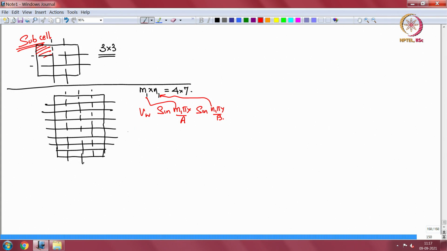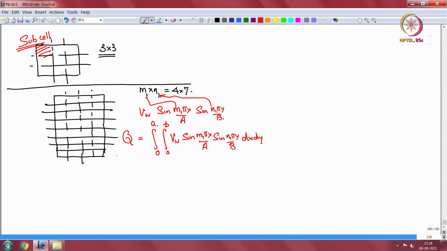So the volume velocity now, what is the volume velocity? Q is equal to integral 0 to A, small a mind you, integral 0 to B, small b. Okay. So VW sine M1 pi x by A sine N1 pi y by B dx dy.